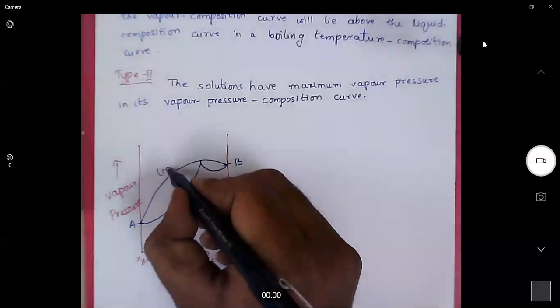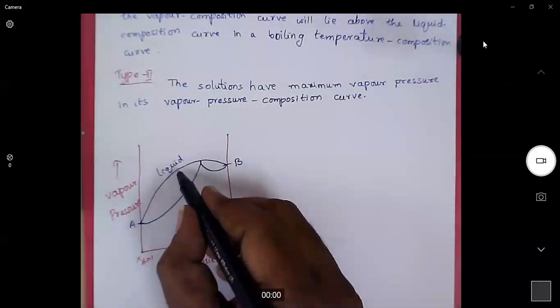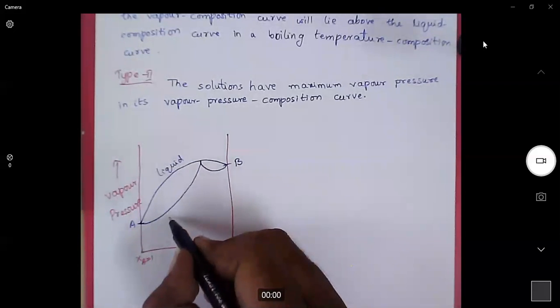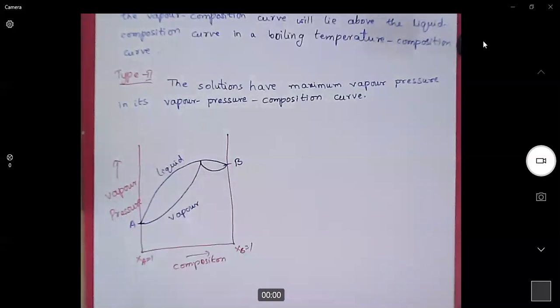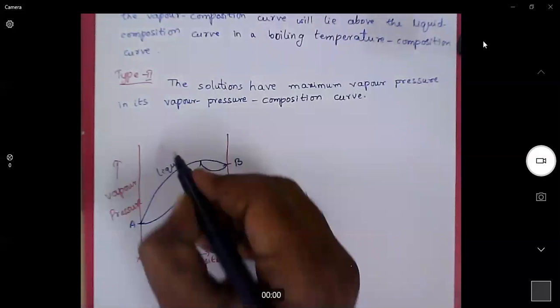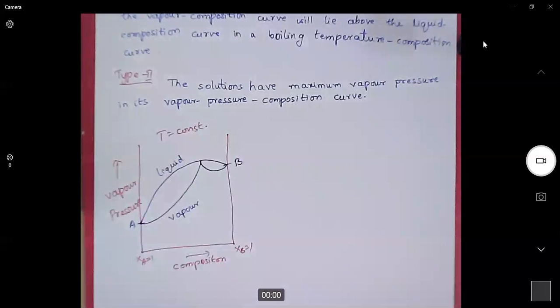This is the liquid curve. As we know, in a vapor pressure composition curve, the liquid curve will be the upper one, the vapor curve will be the lower one. And another point to note is here temperature is constant.